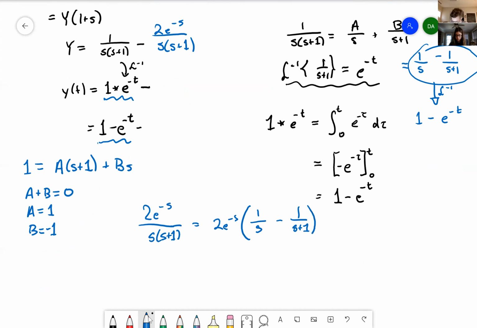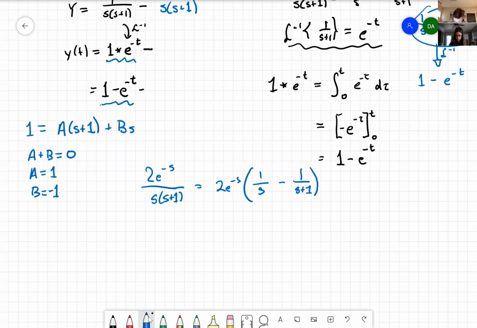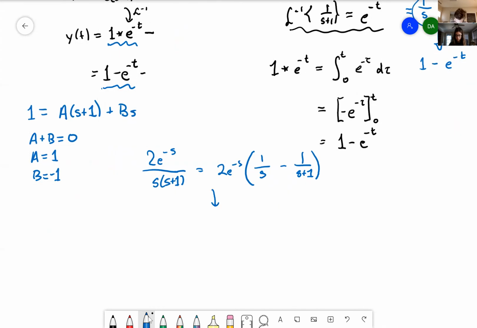And so when we do the inverse Laplace transform of this thing, what we can do is just say that this is the shifted version of the inverse Laplace transform of each of these. So 2 times e to the minus s means I'm going to be shifting forward by 1.